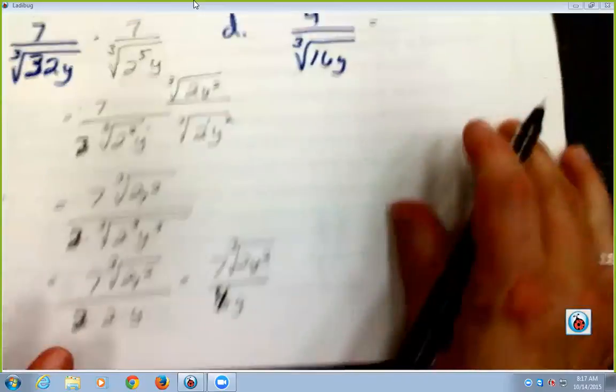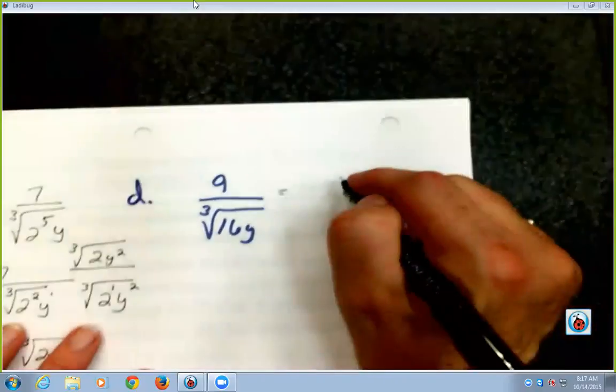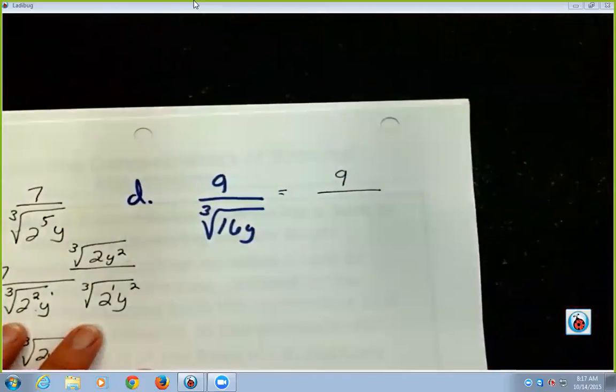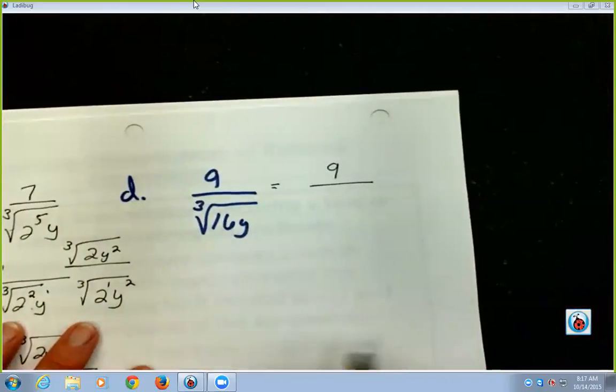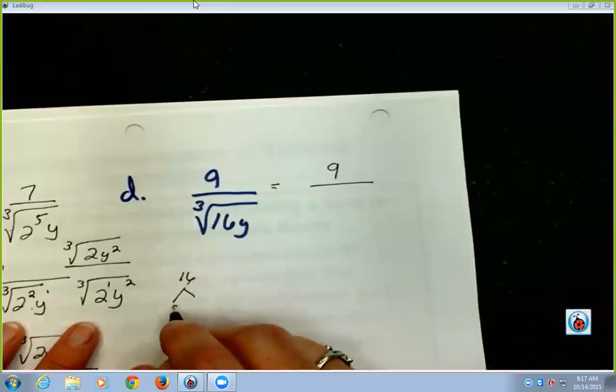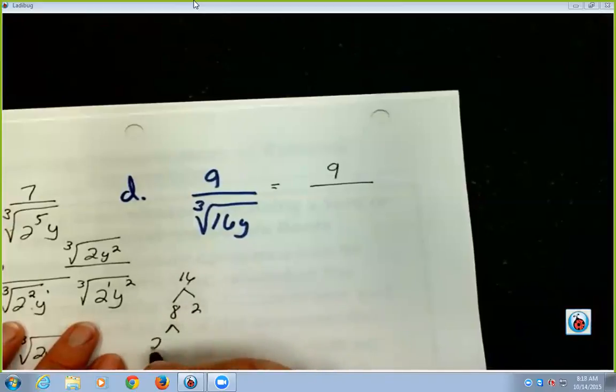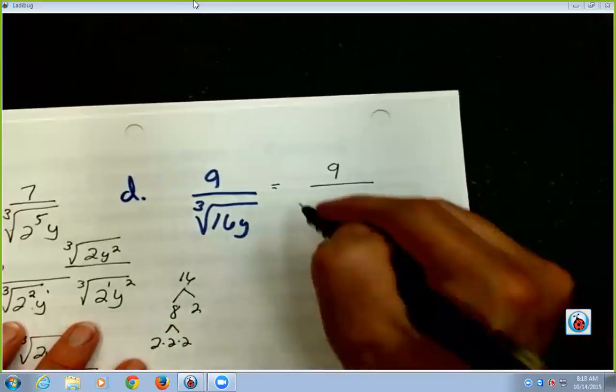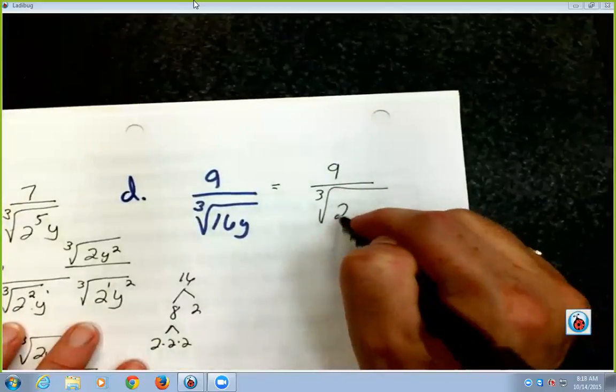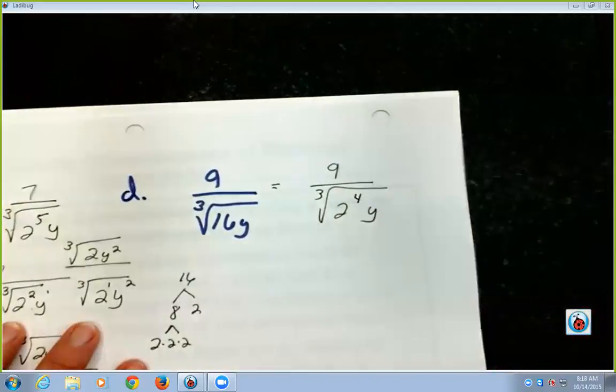So over here, in the next one, I get a 9. I break 16 apart. So 16 becomes 8 times 2, and 8 becomes 2 times 2 times 2. So cube root of 2 to the 4th power y.